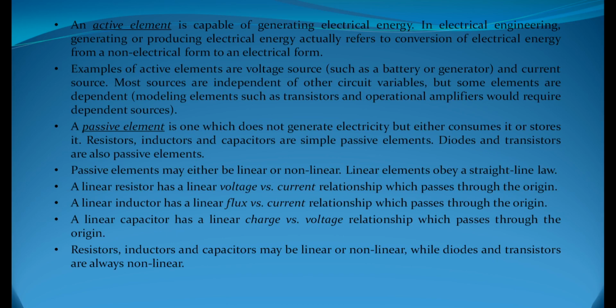We'll see through the VI characteristics how we can come to know whether that element is a linear or a non-linear element, an active or a passive element, a bilateral or a unilateral element. We'll see all these things in the next lecture.